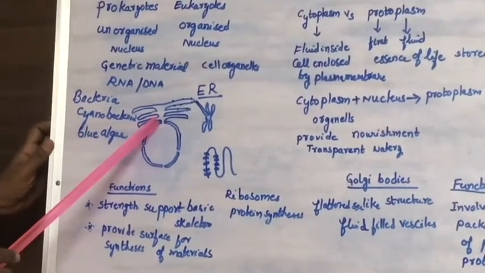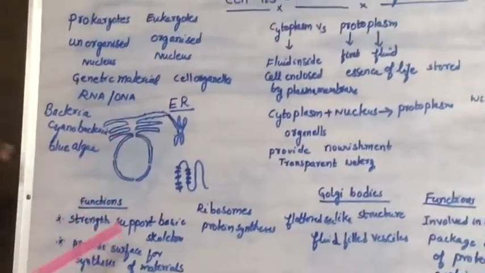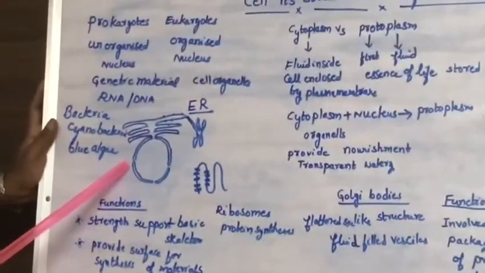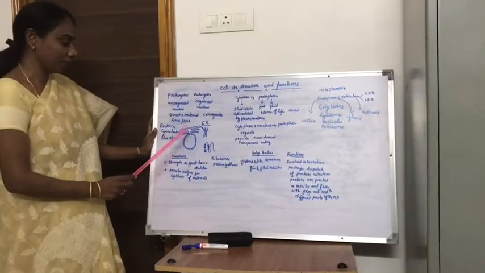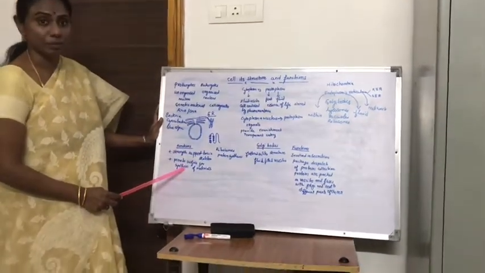The main function of endoplasmic reticulum is to provide strength and support. They are the basic skeleton of the cell. Another function is to provide the surface for the synthesis of materials.